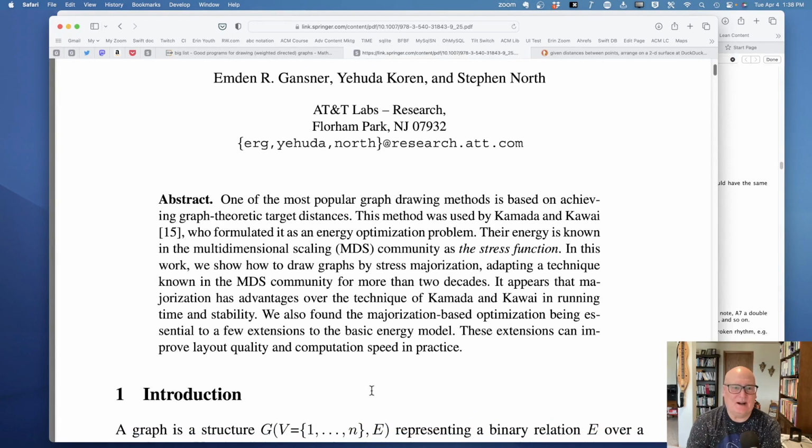Okay, so what they're doing here is, I think, basically the same idea of a spring model. This is the one used by Neato, the GraphViz version. So it's taking this spring model and trying to do energy optimization: how can you do this with the least stress on the whole system?